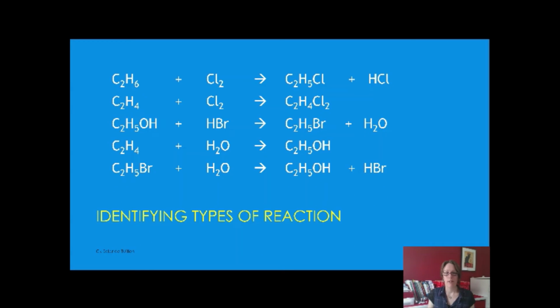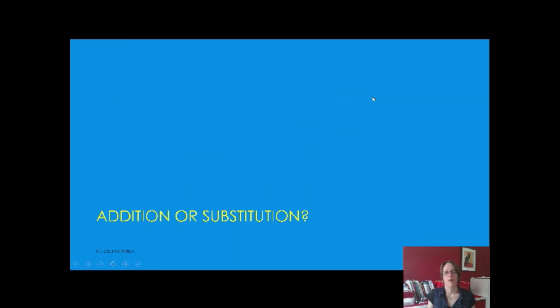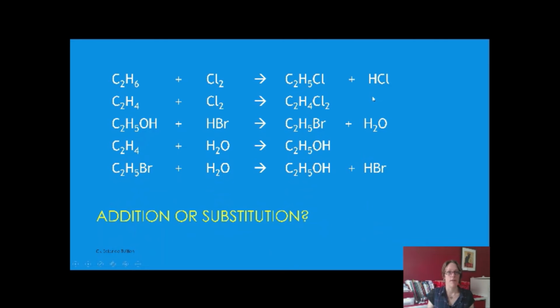So how do we know, just by looking at a reaction, what type of reaction it is? So we can have a sort of 2-mark question that says, what type of reaction is this? Is it addition or substitution? And having identified that, is it nucleophile, electrophile, or free radical? So here's 5 reactions that I've deliberately made very samey. And I've also deliberately just given structural formulae, so they're a little bit harder to unpick. So first thing with these 5 reactions, are they additions or substitutions?